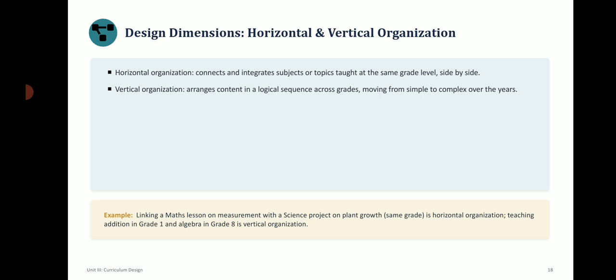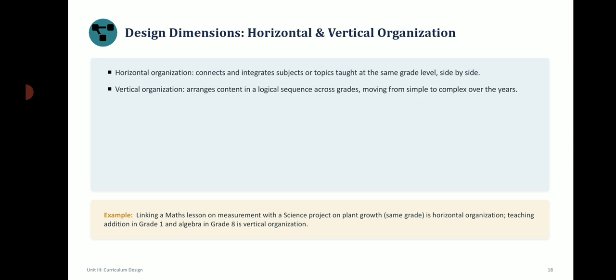While vertical designs are related to the longitudinal arrangement of a design component, horizontal designs on the other hand deal with the side-by-side arrangement of the components in the curriculum design. Can you understand?